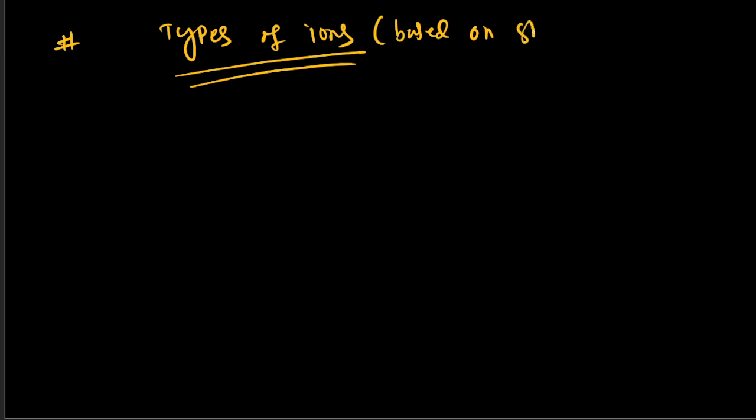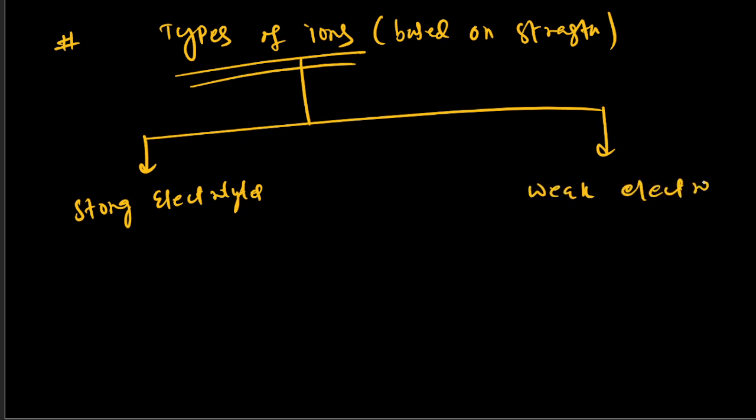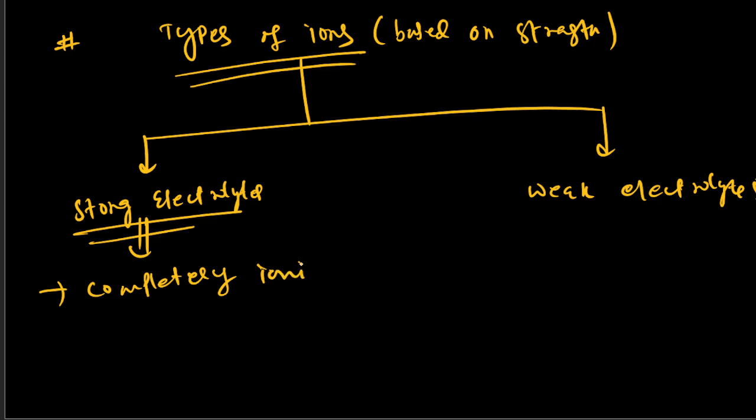These can be strong electrolytes or weak electrolytes. Strong electrolytes are those which are completely ionized, and weak electrolytes are those which are partially ionized.